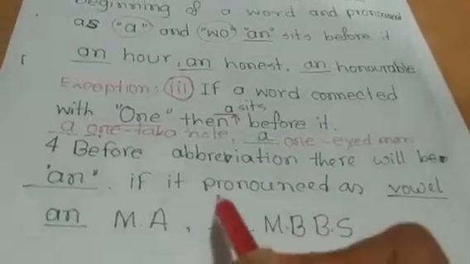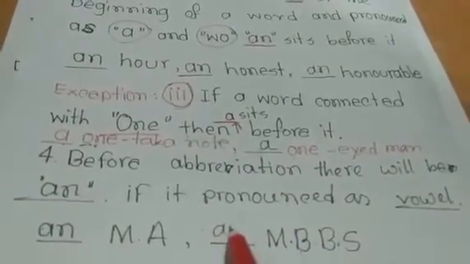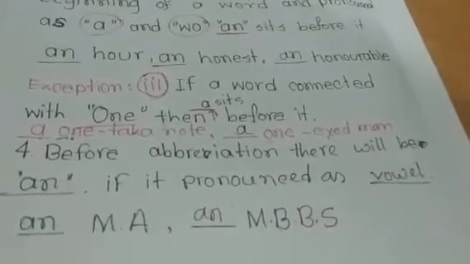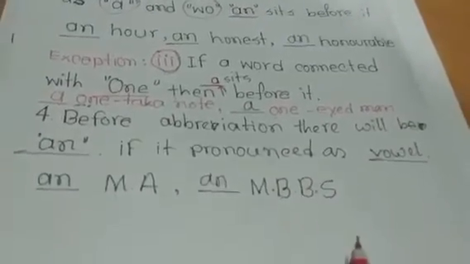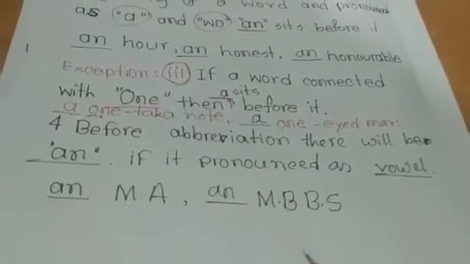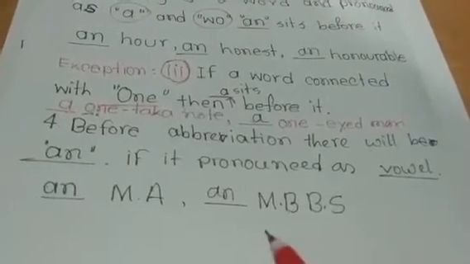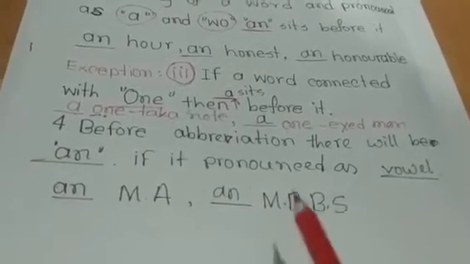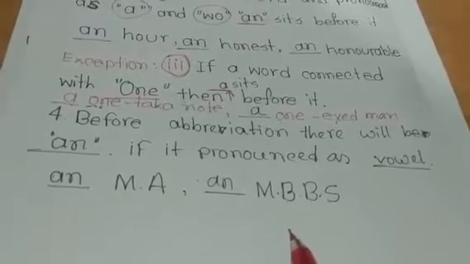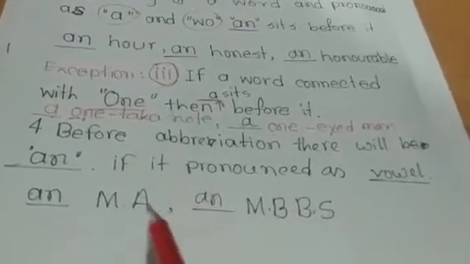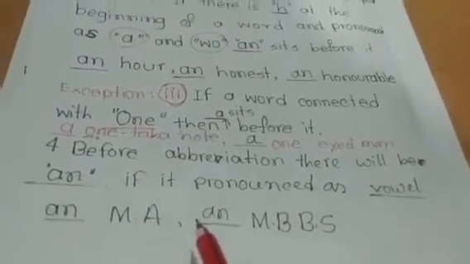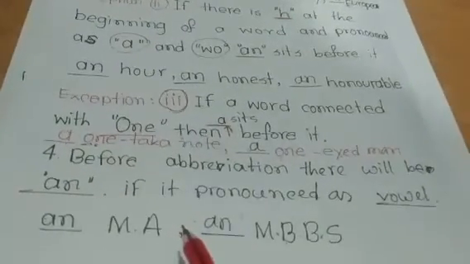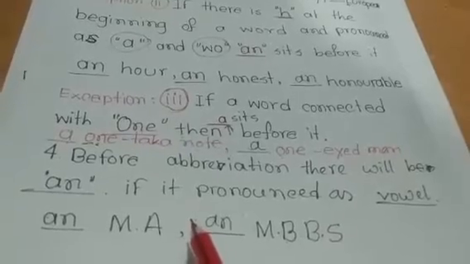Then we will use "an" here. Don't mix up consonant and vowel. You have to remember the sounds, how you hear or pronounce them. Then you will be able to answer all this. Okay, in your book you have exercises, you will practice at home.